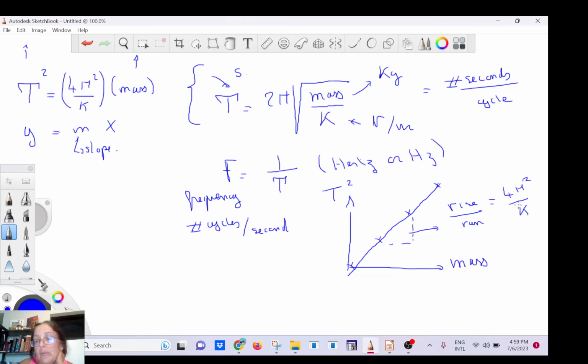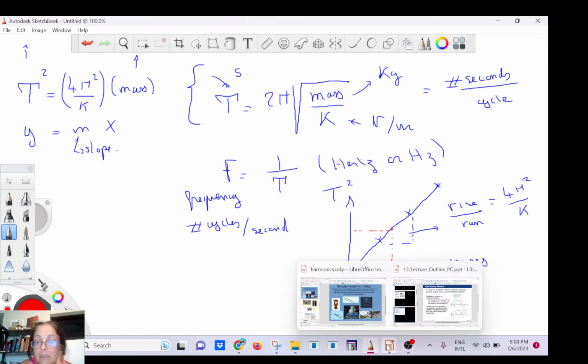Okay? So you can find k. That's one way you can use that relationship. It's a linear relationship. Or if you have an unknown mass, and you find the period, then you can find the unknown mass.